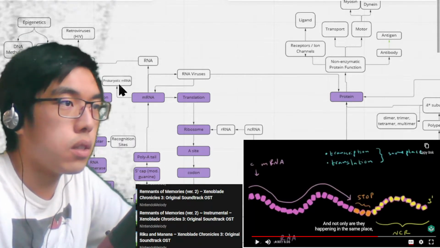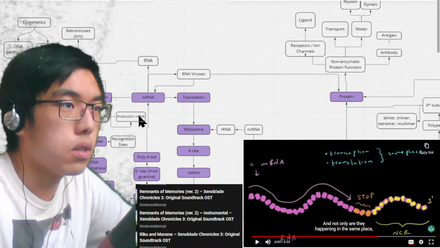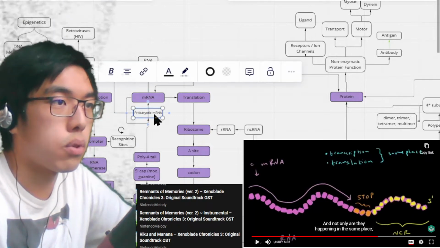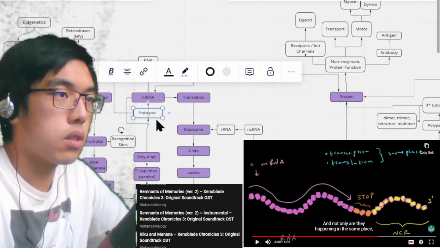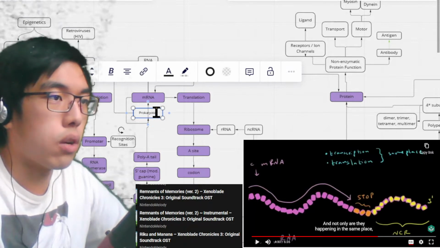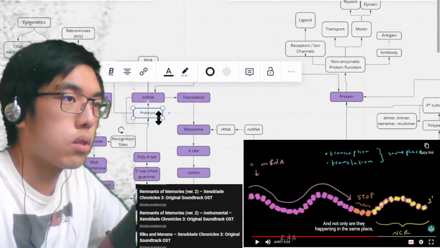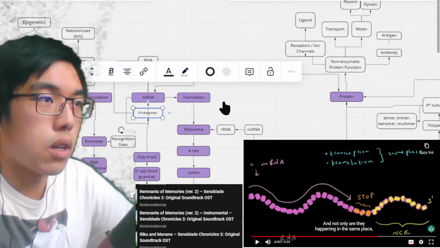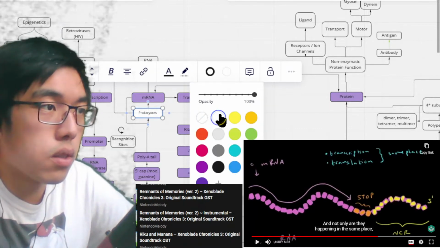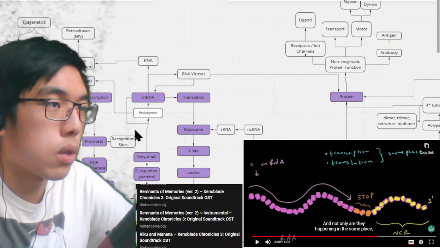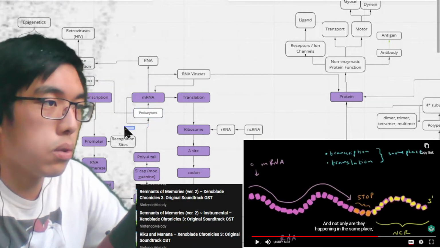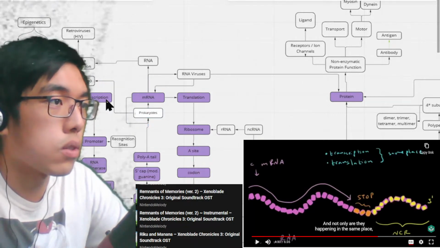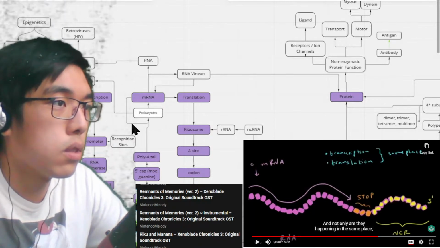Prokaryotic mRNA needs to go here. Actually, I'm gonna just say prokaryotes. Prokaryotes are gonna have a separate thing going on. I need to watch out for these arrows, because now I am making things very unreadable.